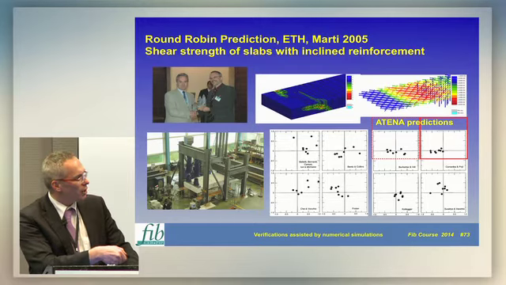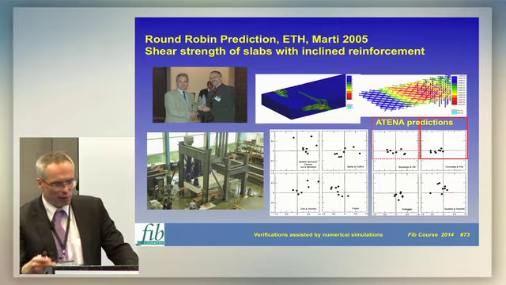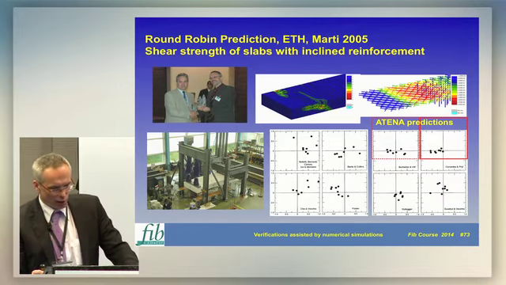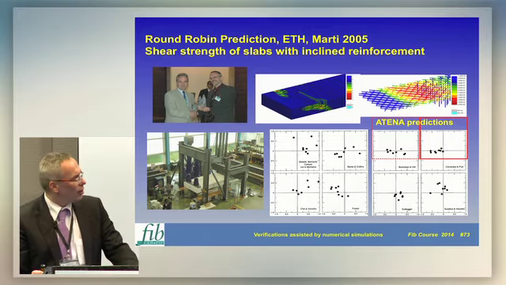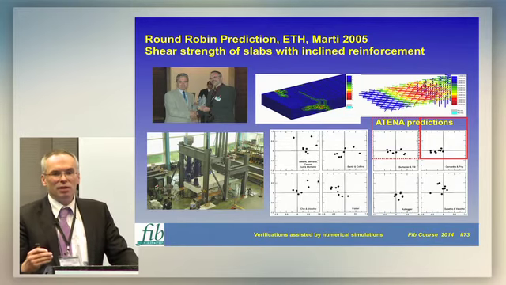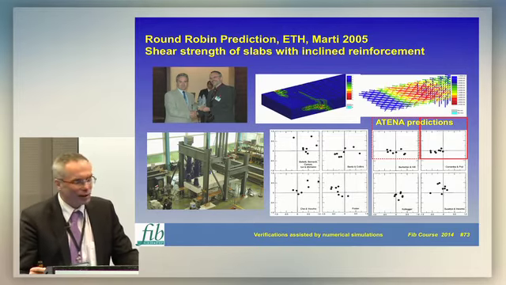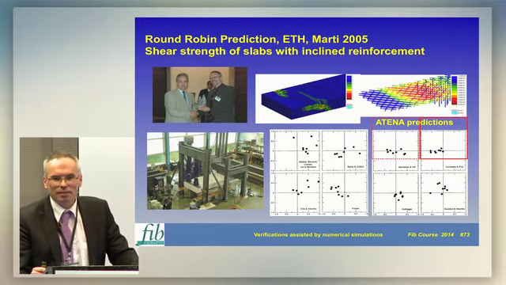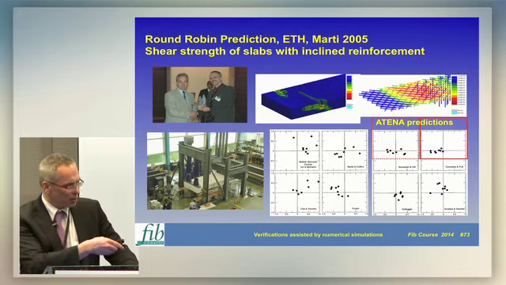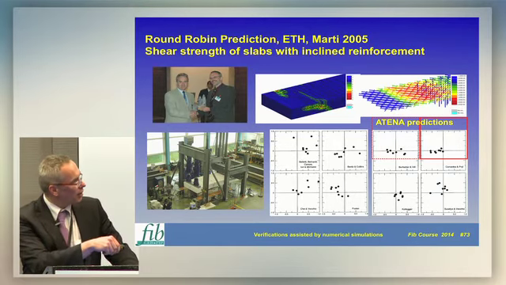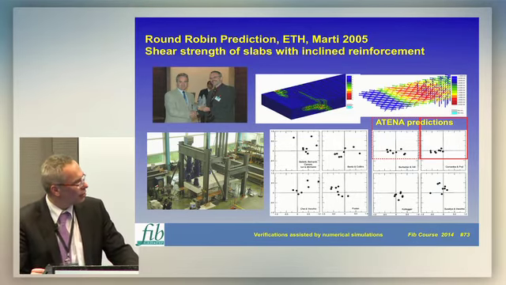Our predictions were the best in terms of strength, but we slightly underestimated the displacements. Actually, we underestimated the ductility, which you may say is also on the safe side, because these experiments were quite ductile, and we predicted quite brittle failure.